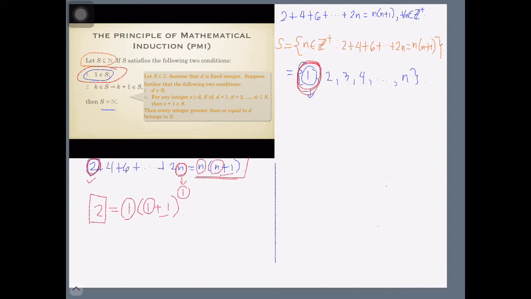This means that the condition 1 in S is satisfied. That is, n equals 1, or the first part of the arithmetic series, satisfies this expression here, or this predicate here. Alright? So I hope by now you have absorbed the concept of 1 in S.